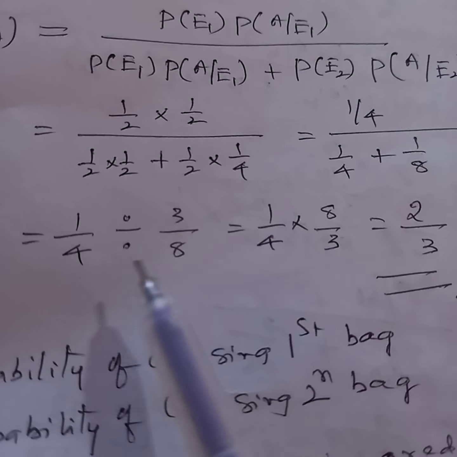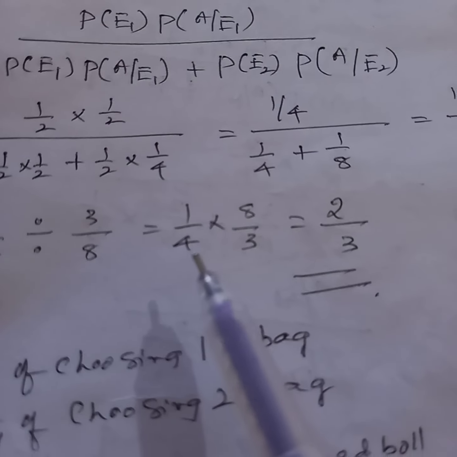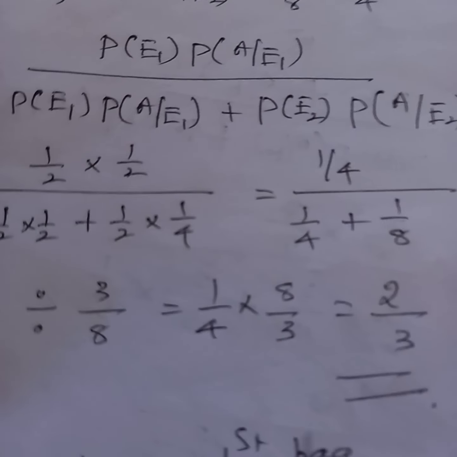So 1 by 4 divided by 3 by 8 comes to 2 by 3.